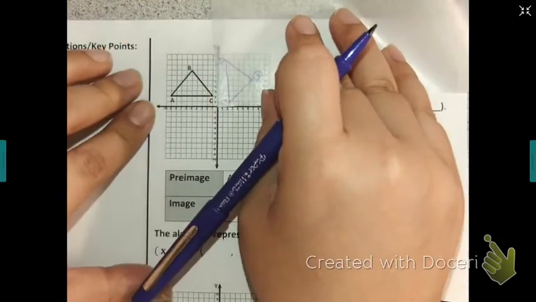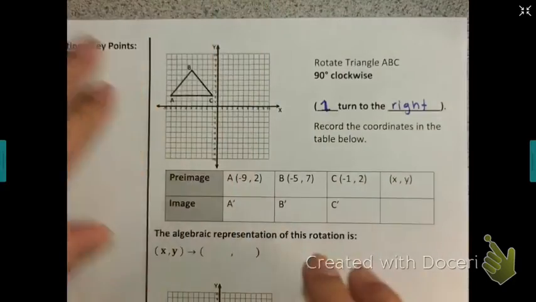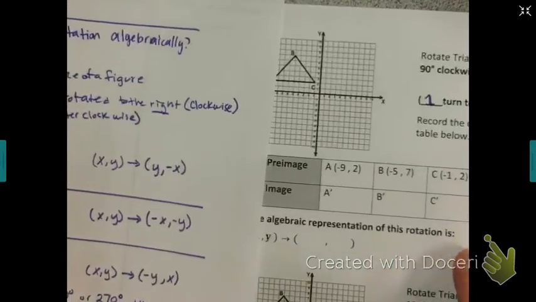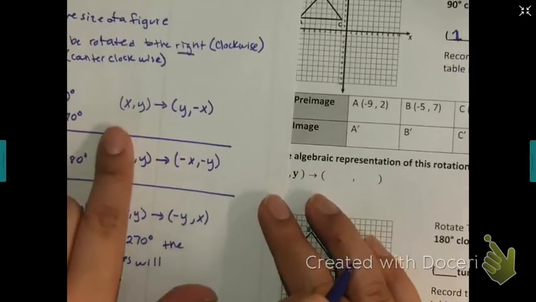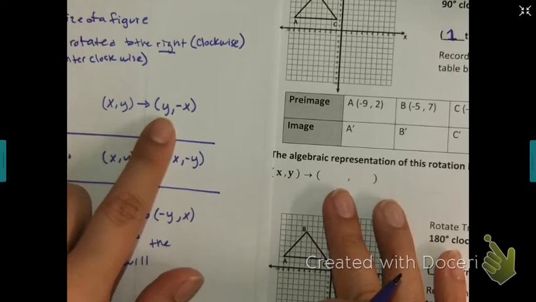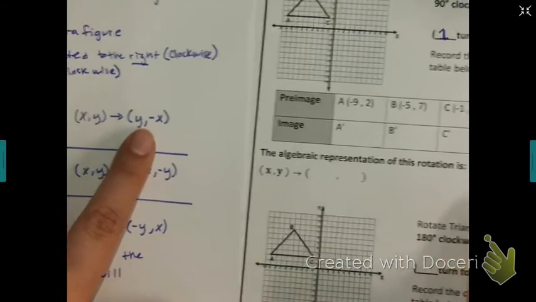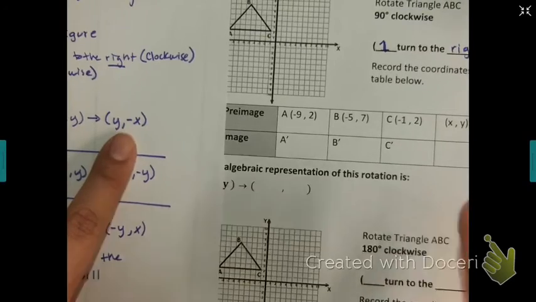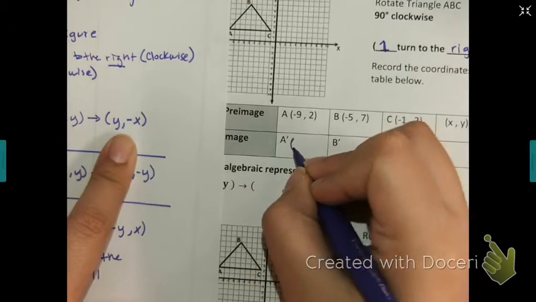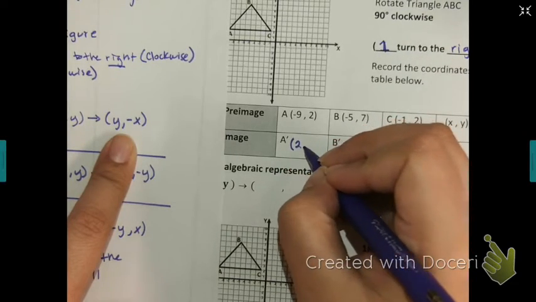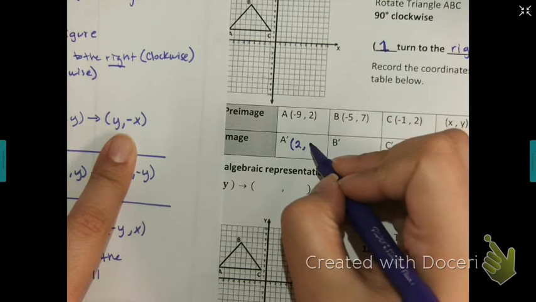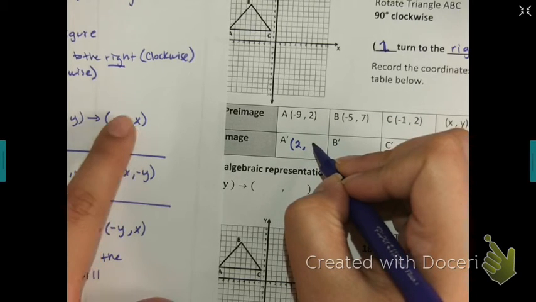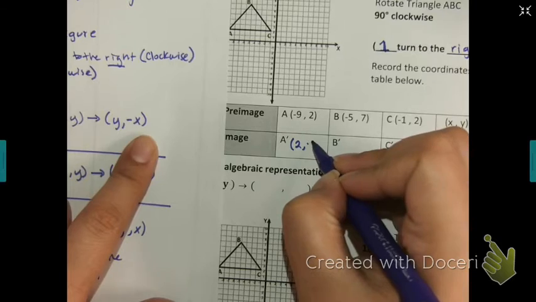Let's go ahead, and with our rules, it is clockwise 90 degrees. We're going to switch the x and y and then make the x a negative. So first we're going to have a 2 here. Then we're going to get 9, but switch it because it's the opposite of the original.